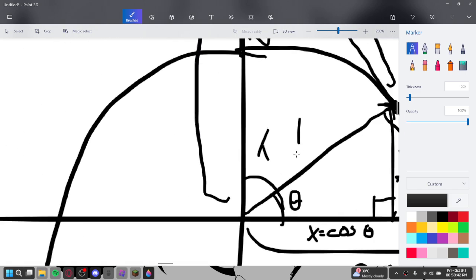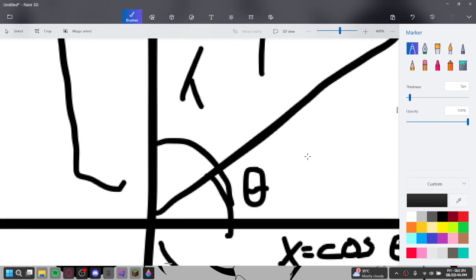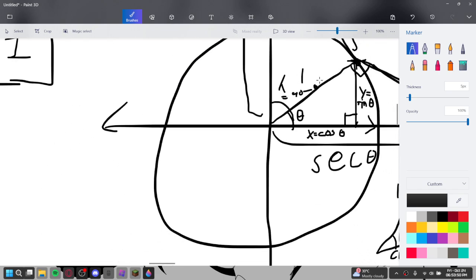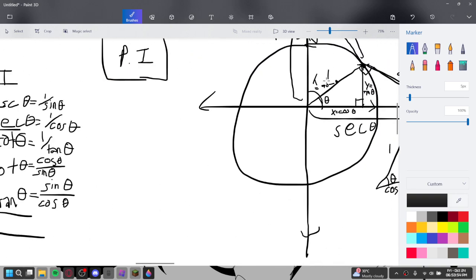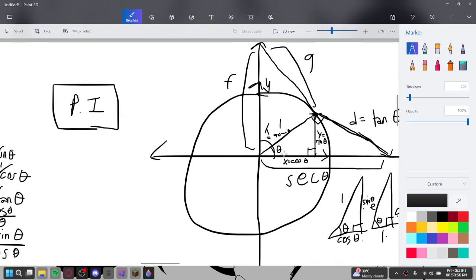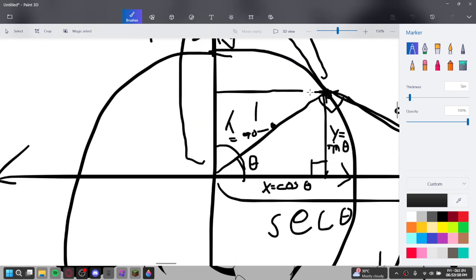There's gonna be angle lambda right here, which is just equal to 90 minus theta right there. Obviously from the same thing, but also there's also gonna be cosine of theta right here. You can understand why.